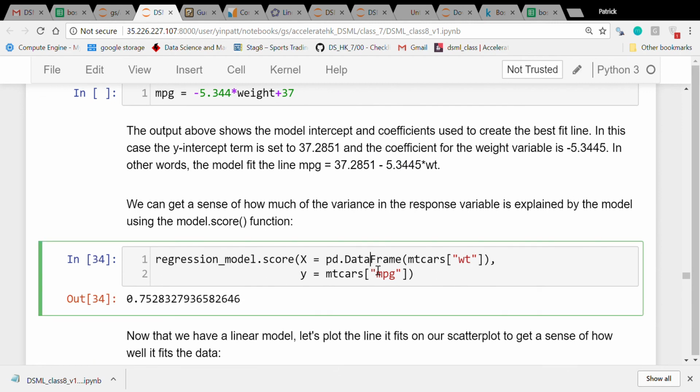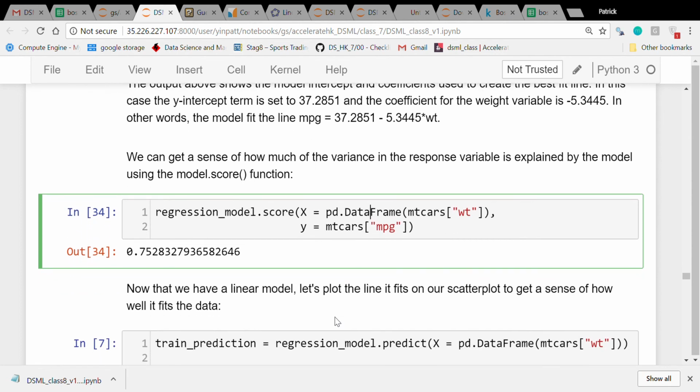Okay, you also have something called the score of your regression model, like how nicely it fits. That's the R square. Usually the higher the R square, the better the fit is. But you don't necessarily have to aim for a high R square, because sometimes you don't have enough variables to get a score of 0.9.